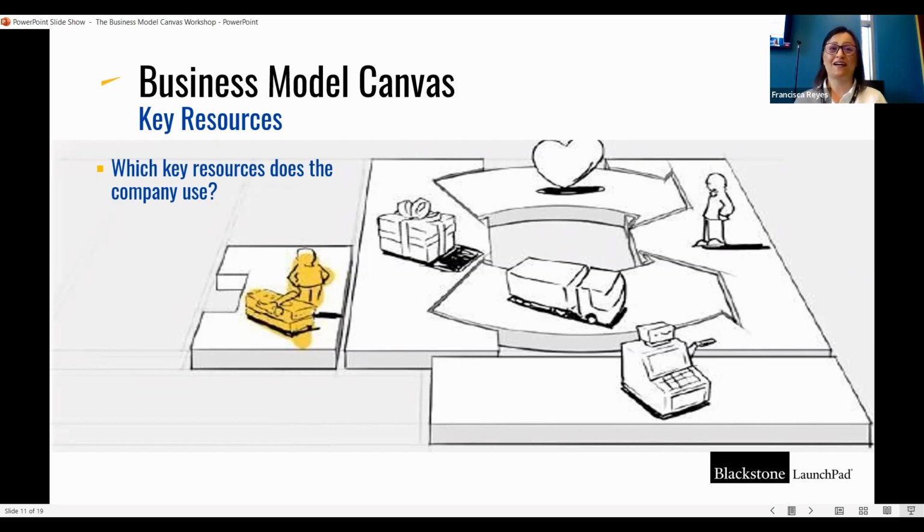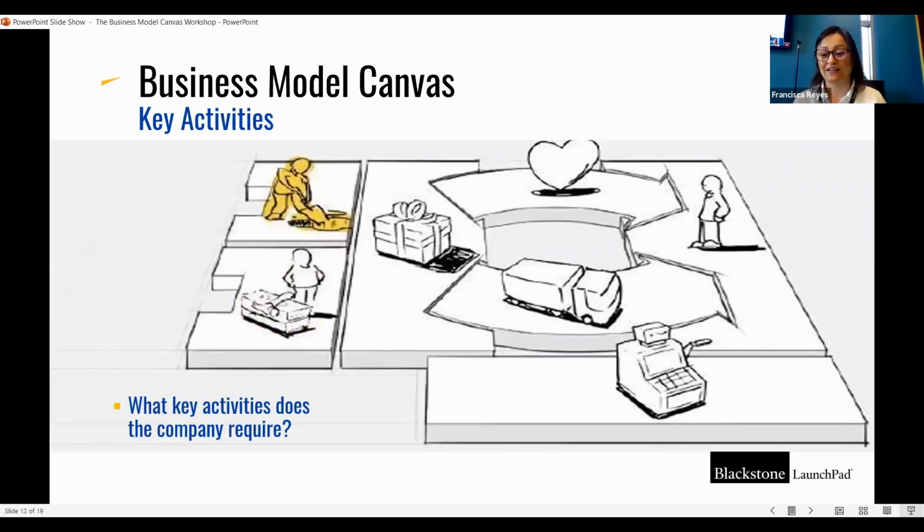I have an awesome idea. It's me. I'm the main asset to my company. That's fantastic. You can also add intellectual property. Say my idea was protected and I have a solid patent, or I have a very good logo. And I have other things like equipment, or I already have my space, my store. What are the resources that you have, the things that can help you to deliver this value proposition?